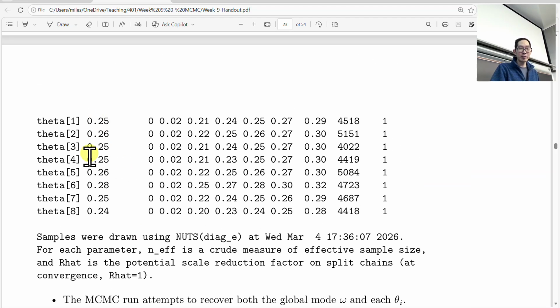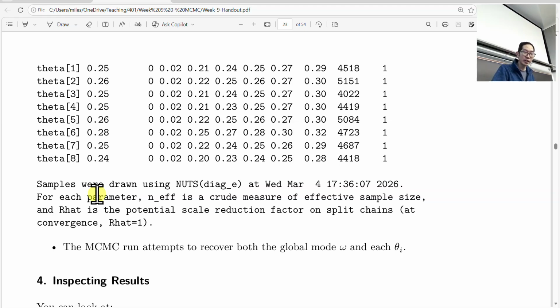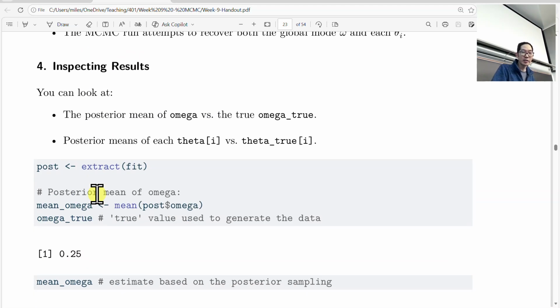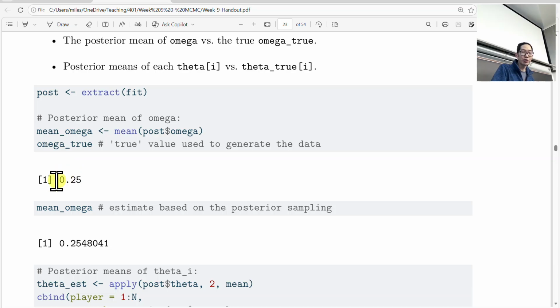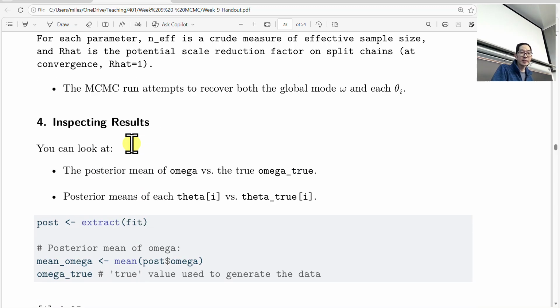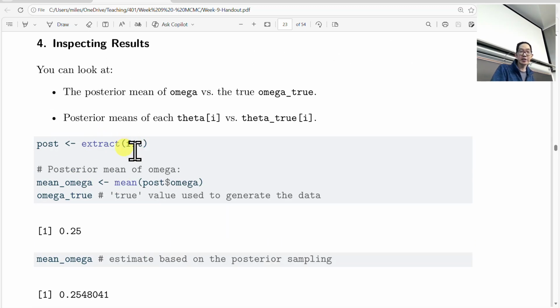What we can do is look at theta 1 through theta 8 and compare that. So again, our true omega value was 0.25. And then we can say extract all of the values from the fit. So this gives us our posterior.